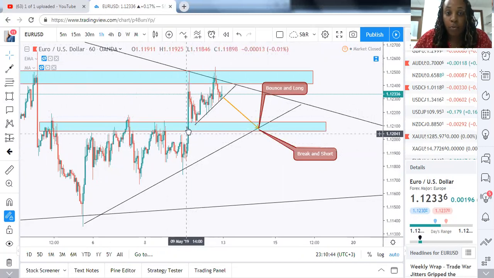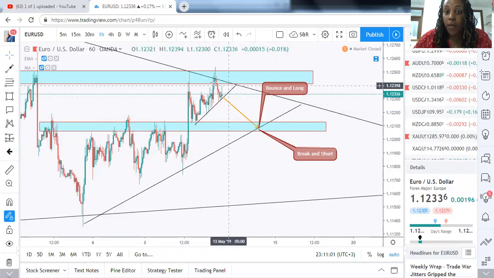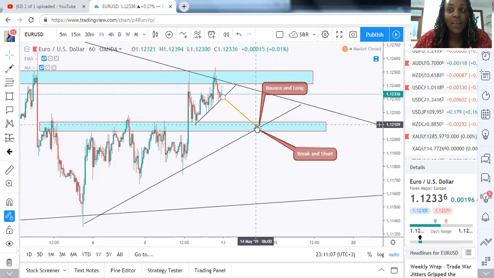So you're going to have a break, which is what you got here. So you got a break of this resistance, and then it came back down and retested it as support, right? So it broke the resistance, came back and tested as support, and now we're forming a reversal pattern here at this resistance area. So we're looking for the trade to come back down and at least test this support, right?